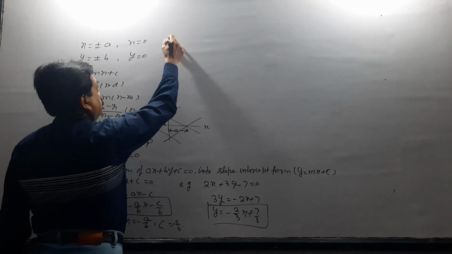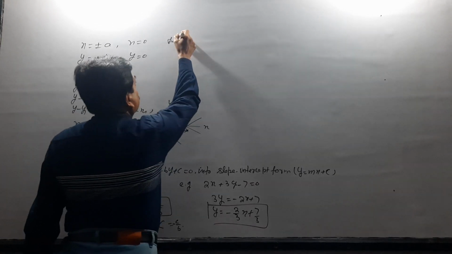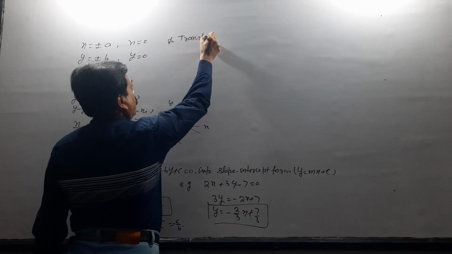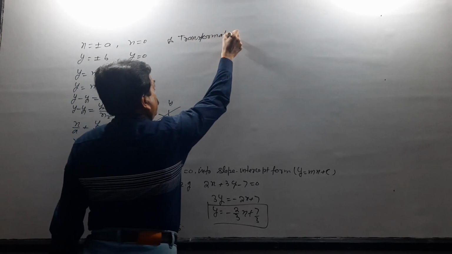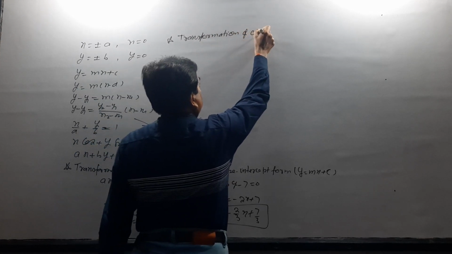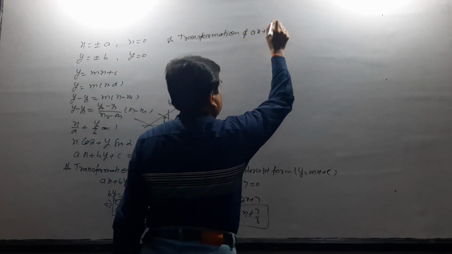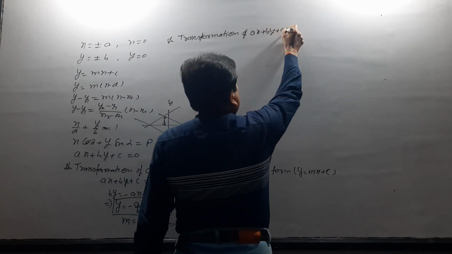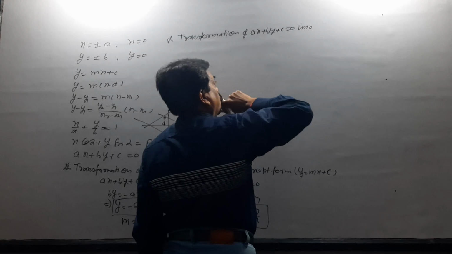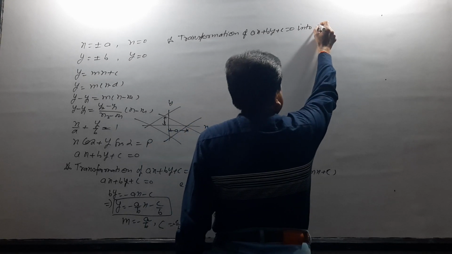Second, transformation of ax plus by plus c is equal to 0 into intercept form.